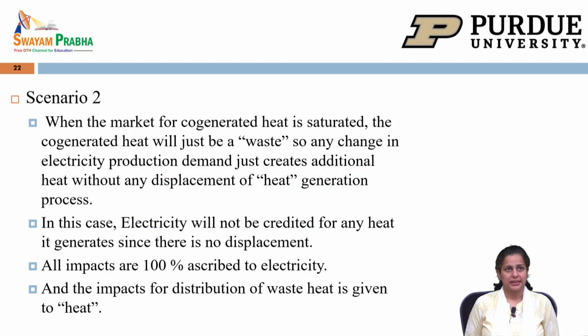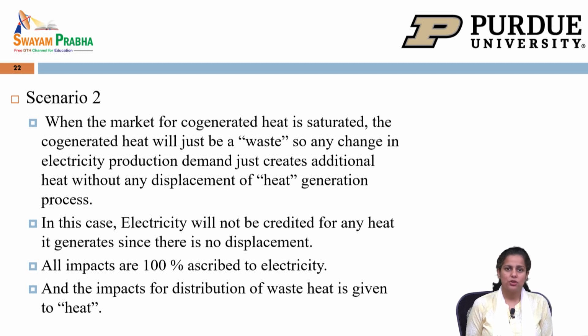Let us consider the second scenario. In the second scenario, let us say your market for co-generated heat is saturated. So, when it is saturated, it means that no matter how much waste heat is being co-generated in the electricity plant, it is not going to be used anywhere. In this case, any change in electricity production demand just creates additional heat without any displacement of the heat generation plant.